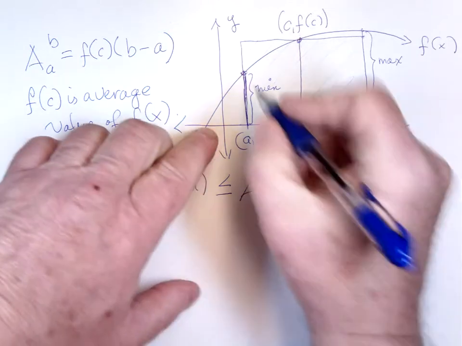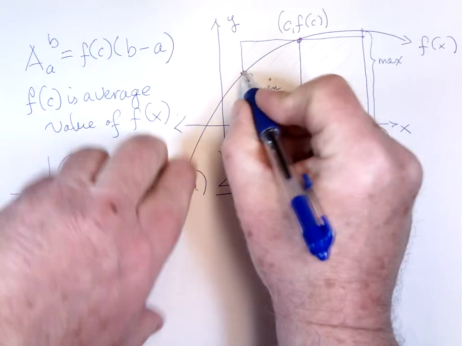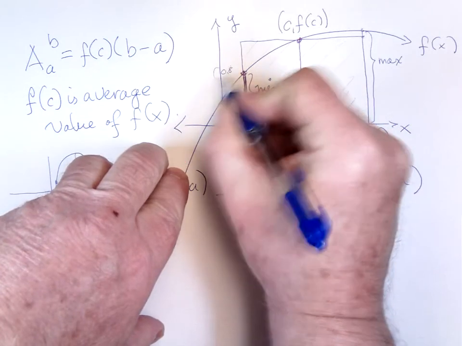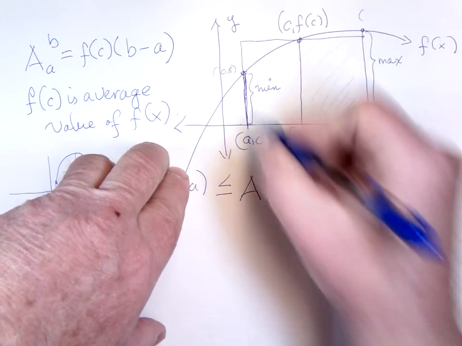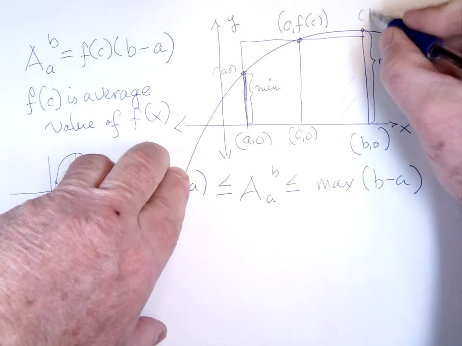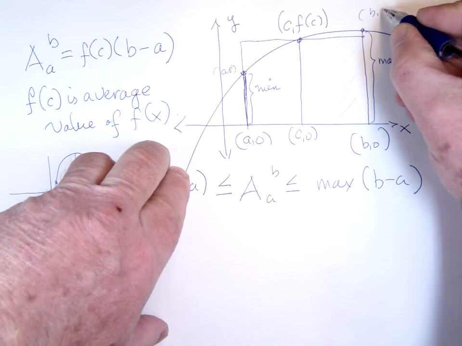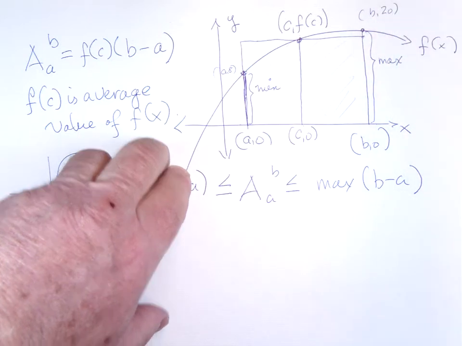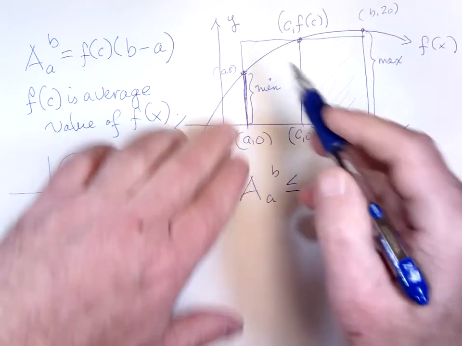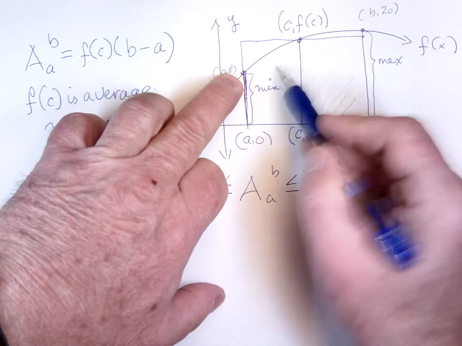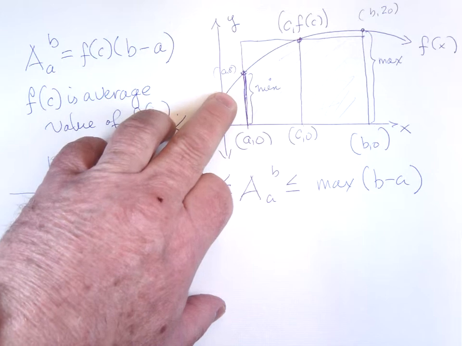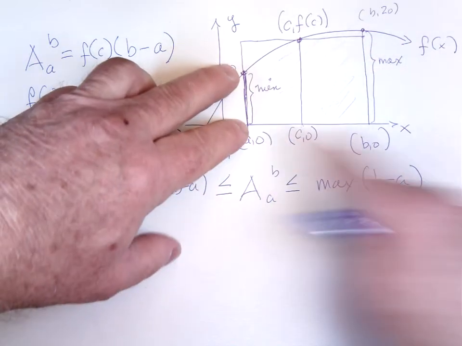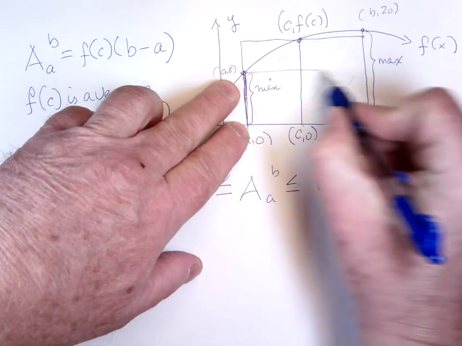Let's suppose, let me give us some values here. Let's suppose this is like 0, 8, and this value is like a is 8, and this is the value of b is 20. Something like that. The area under the curve is going to be greater than 8 times this width. Now, 8 times this width will give me the area of this rectangle.